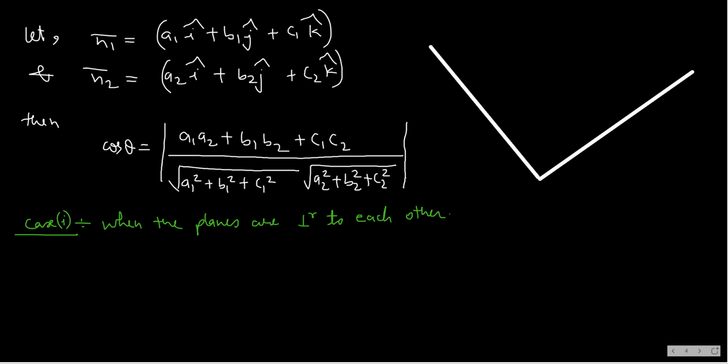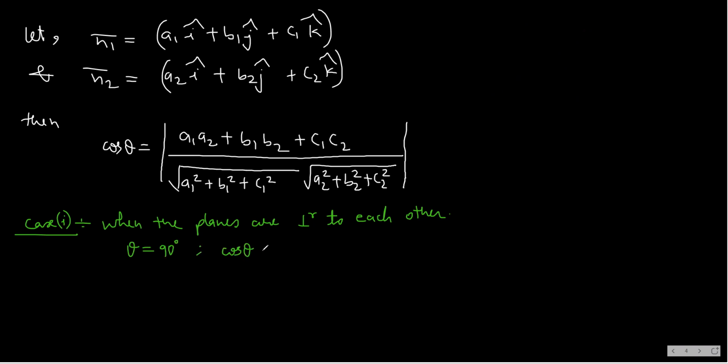So if the two planes are perpendicular to each other, theta is 90 degrees. And if theta is 90 degrees, cos theta will be cos 90, which is equal to 0. And see students, if the left hand side is 0, the numerator has to be 0, then only it can be 0.